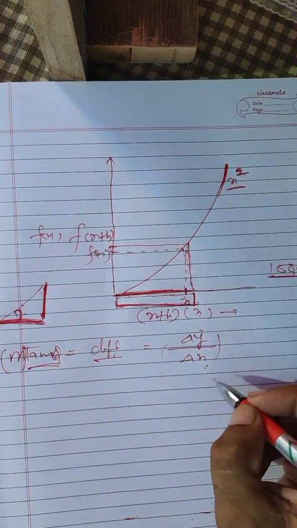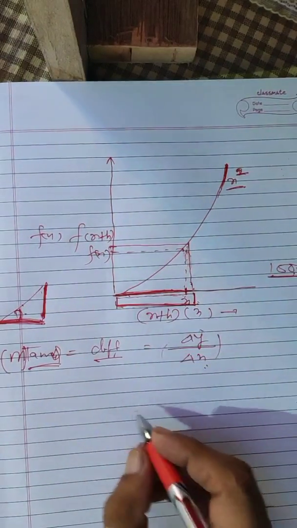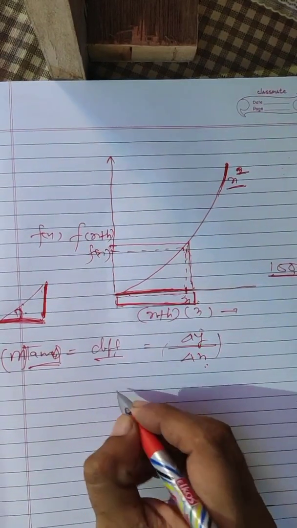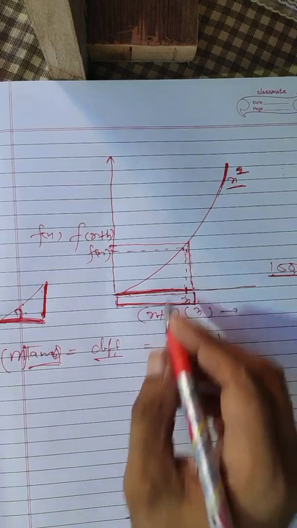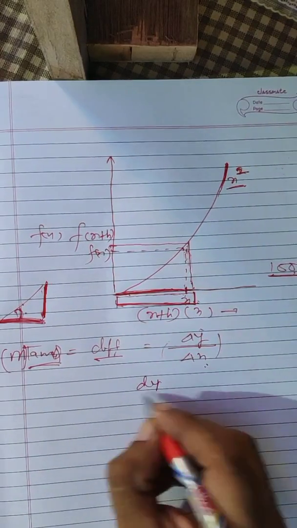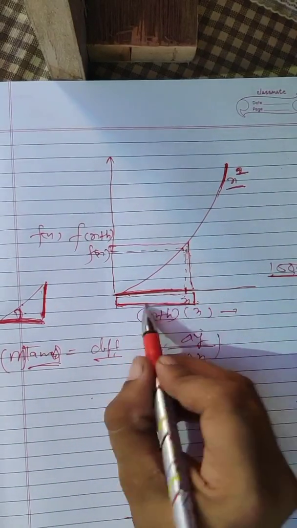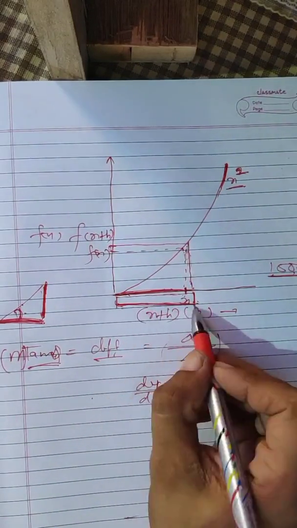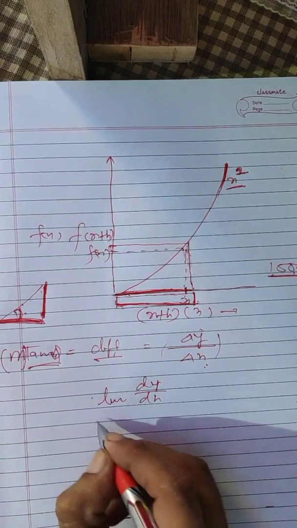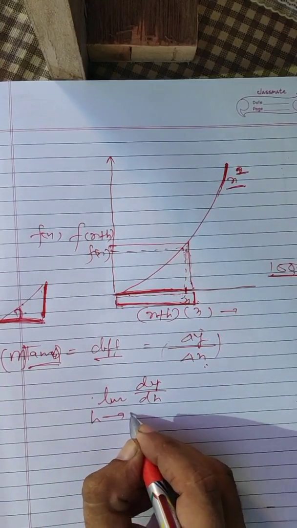So the differentiation dy by dx here is, you can see, what is our limit, what is the limit of our x when h tends to 0.